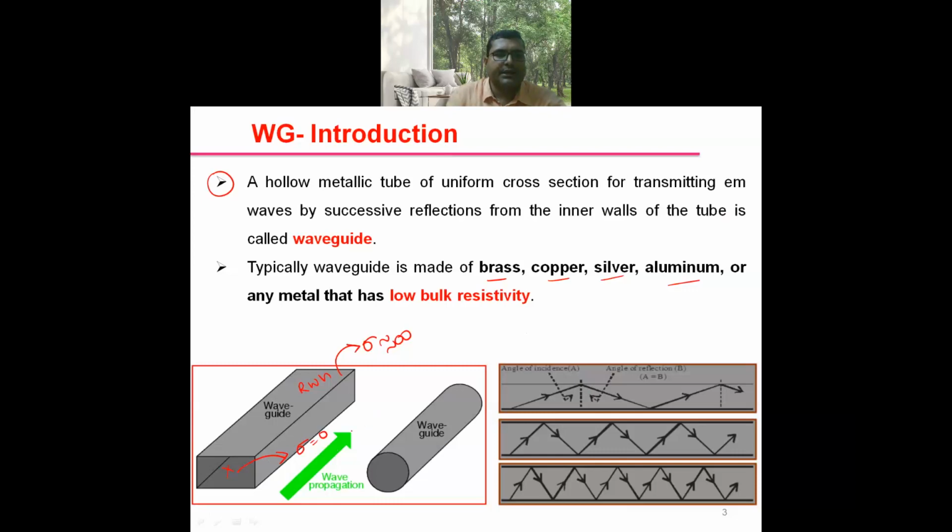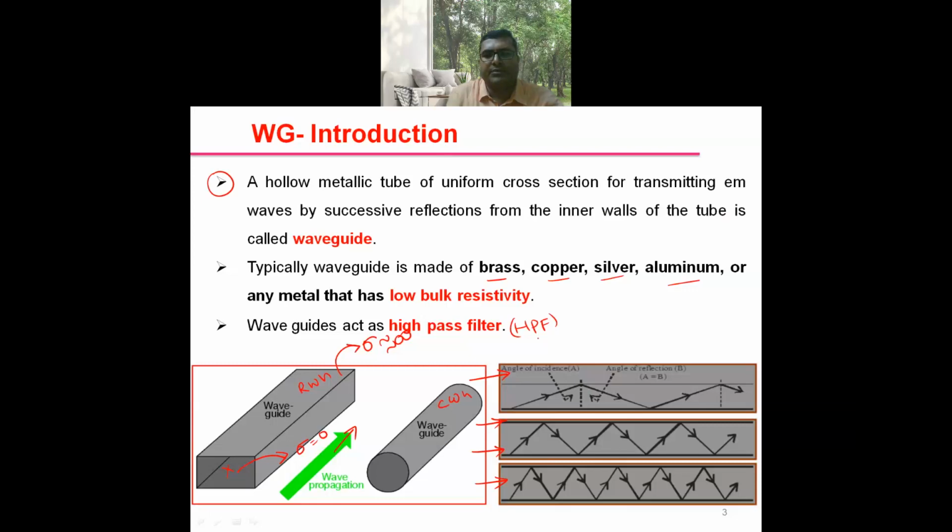You can refer to the direction of wave propagation in a rectangular waveguide and a circular waveguide. The wave propagation inside the waveguide depends on the concept of total internal reflection. The waveguide acts as a high pass filter, meaning it is used to guide high frequency signals.